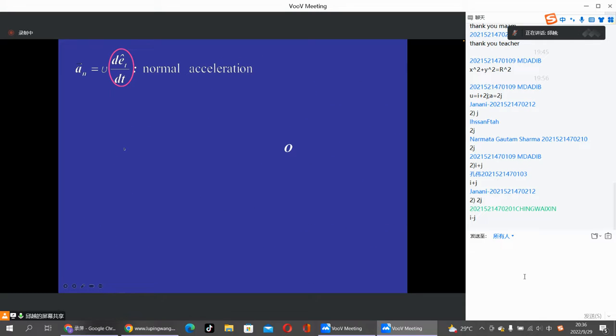And for the second part, det/dt, at any given moment, given point p, we have p1, which is the point very close to p previously to this time point, and we have the later point p2 very close to p. And we can draw this circle.